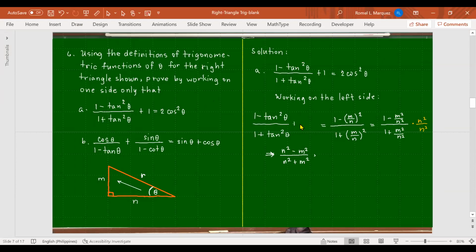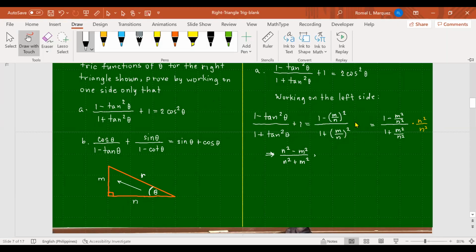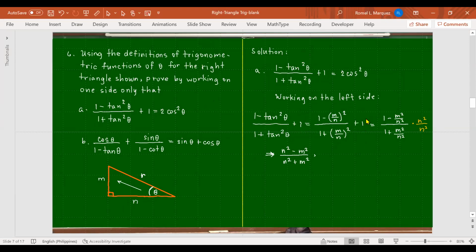This is plus 1. And then I will move this here. So this is plus 1. Where is there 1 there? So let me move this.